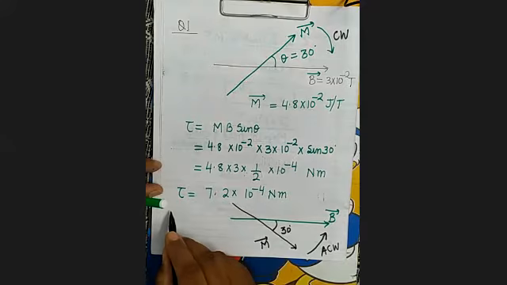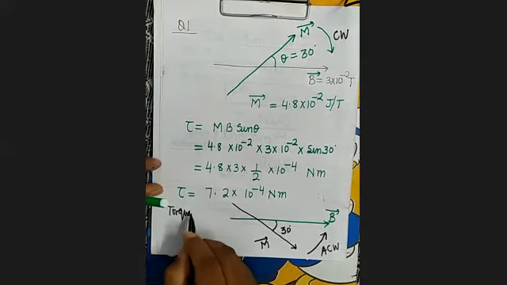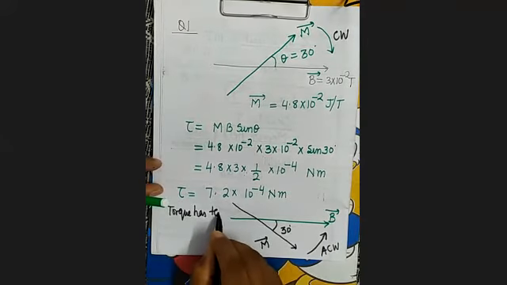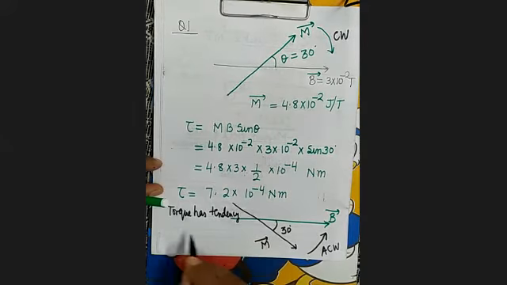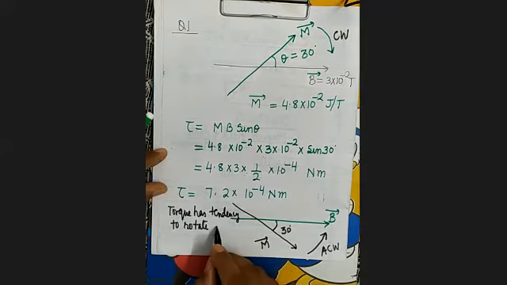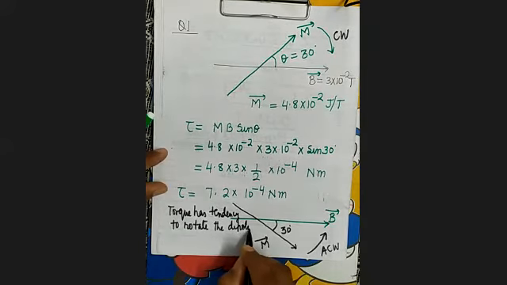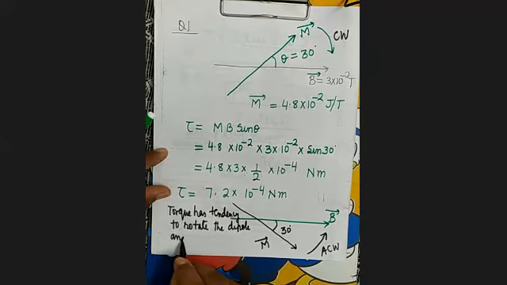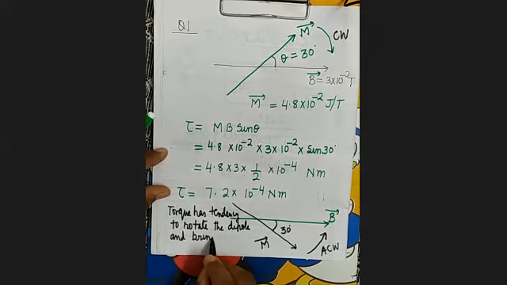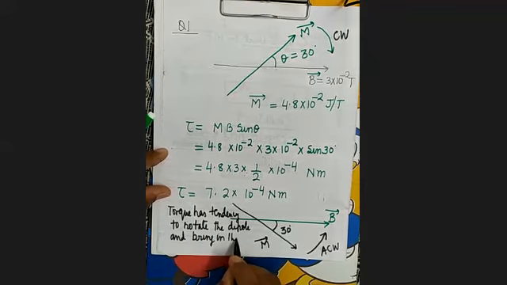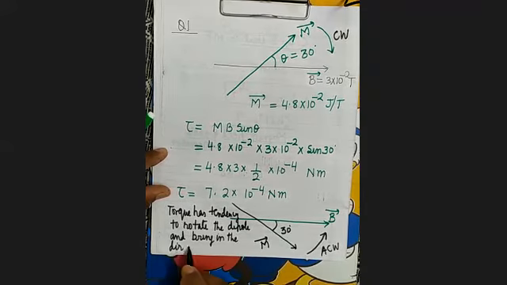So you can write, torque has a tendency to rotate the dipole, because what will torque do? It will rotate, and bring it in the direction of the external magnetic field.